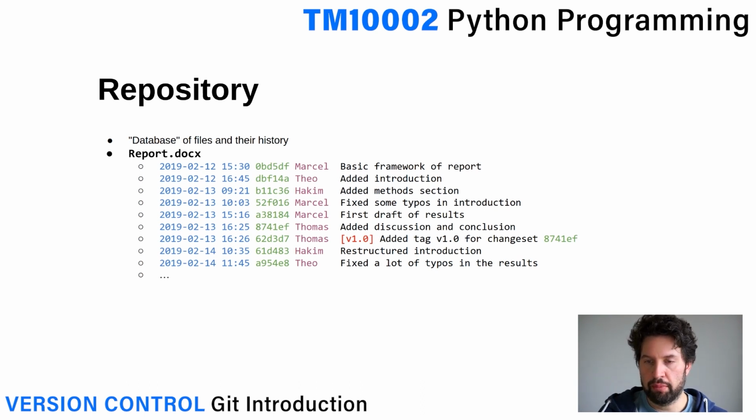But what you see here is, on the left side, a timestamp depicting when the change was entered. In green you see a magic number that is used later for referencing. Then a name of the person, or an identifier of the person that did the change, and a comment. And this comment is very important to show what happened.